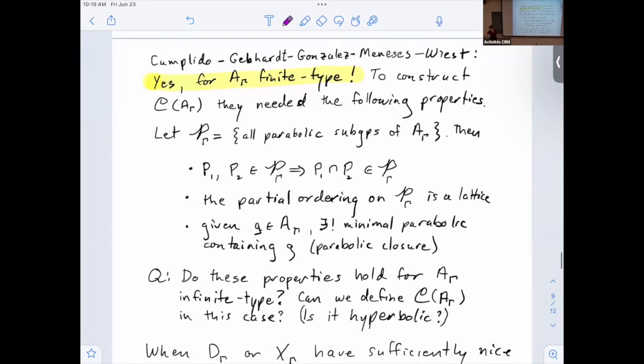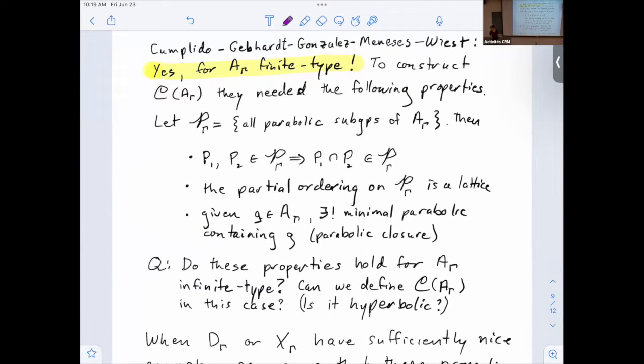The second is that the partial ordering on the set of parabolic subgroups is a lattice, meaning given any two parabolics, ordered by inclusion, there's a unique greatest lower bound and least upper bound. So if you take this set and partially order it, then any two elements have a unique greatest lower bound and least upper bound. Okay, that's what we mean by a lattice in this case.